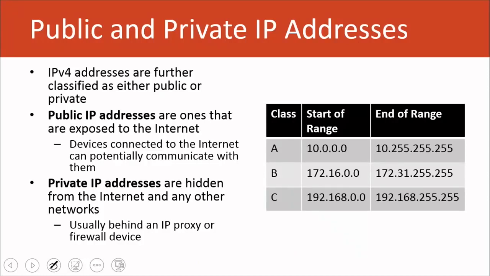Next, we've got public and private IP addresses. IPv4 addresses are further classified as public or private. Public IP addresses are just the ones that are exposed to the internet that anybody can see, and private ones are hidden from the internet and any other networks. You've got private ranges here in this table on the right.